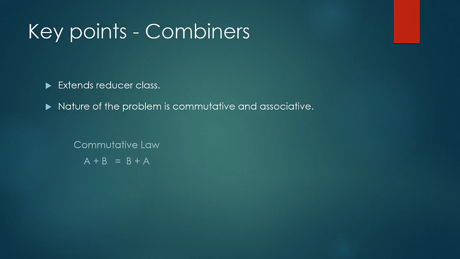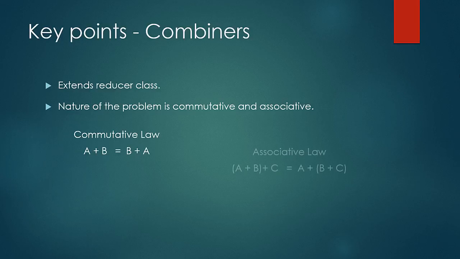Commutative law is A plus B is equals to B plus A. This means we can swap the operands and yet get the same result of the same operation. Associative law is A plus B plus C with A plus B grouped together would be equal to A plus B plus C with B plus C grouped together. This means that even if the grouping of operands is changed, the result is the same.